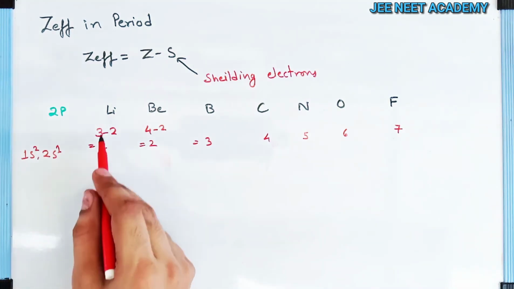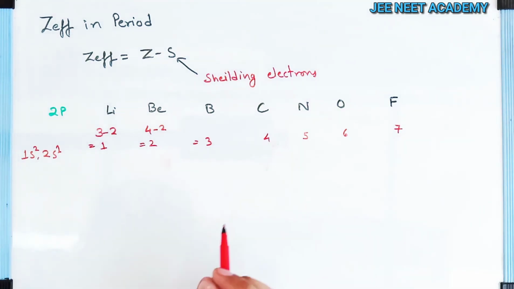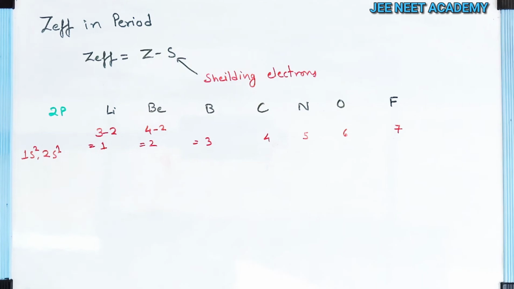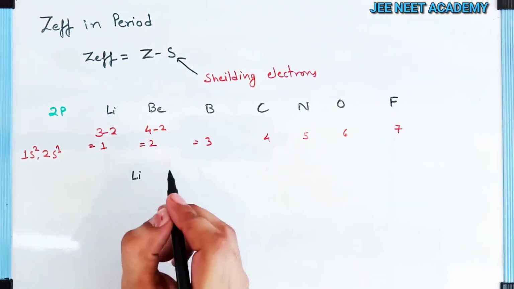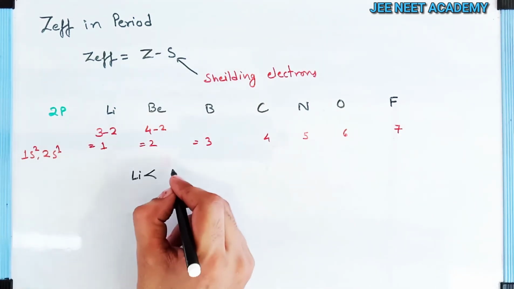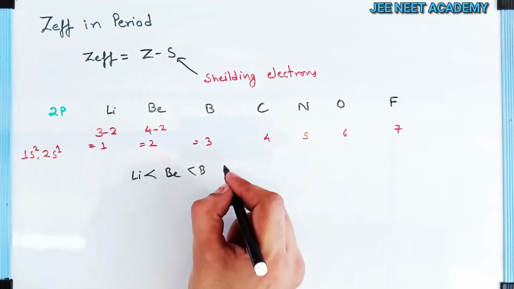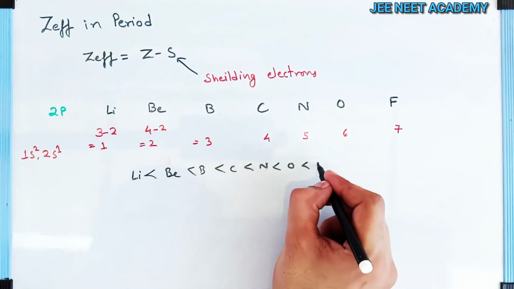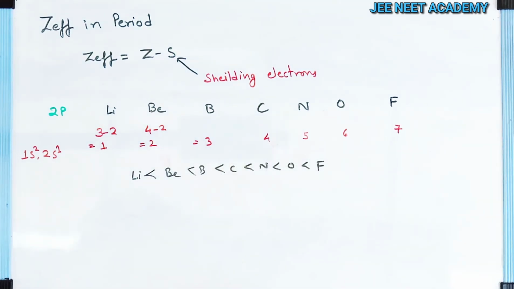So you can see the Z effective number is increasing from left to right. So lithium is having the least Z effective, then beryllium, then boron, then carbon, then nitrogen, oxygen, and then fluorine. Fluorine is having the highest.